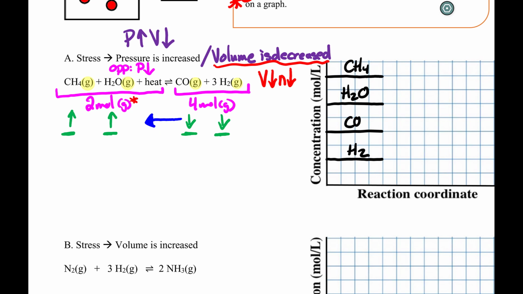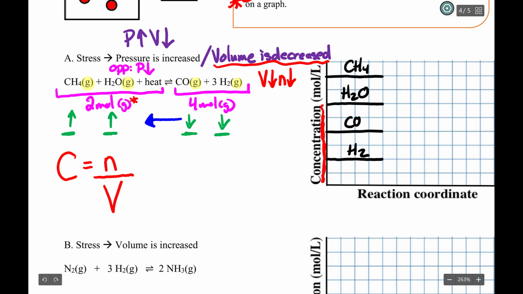How I do that is the following. We're dealing with concentrations here, and we have a volume change. So using the equation C equals N over V, which is for concentration, which is what is on this graph, I simply assume that immediately when the stress is placed on the system, we haven't had a shift, so the number of moles is held constant. I'm not changing this in any way. But the volume is.